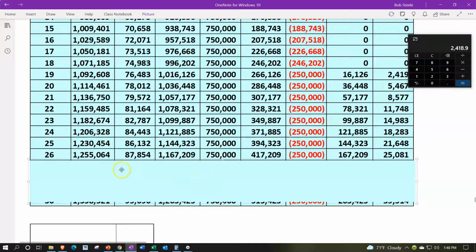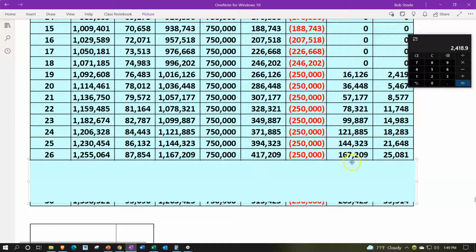So if I go all the way down here, 1,255,64, cost 87,854. That's the net sale in essence, 1,167,209, minus what we paid for it, which was the basis or cost, means the gain is 417,209, minus the 250,000.